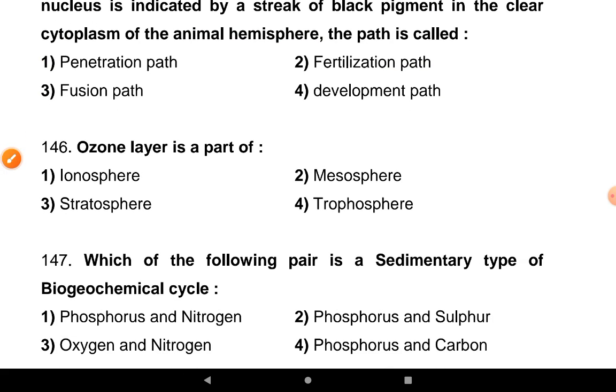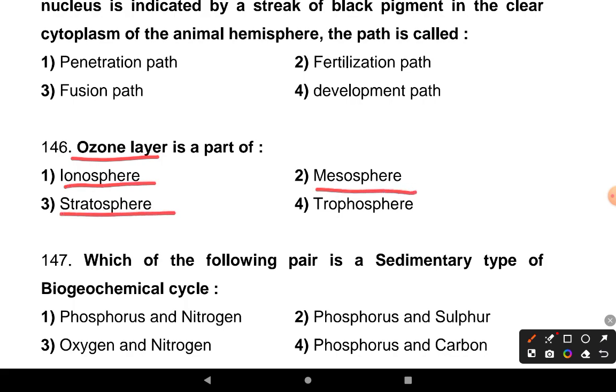Our next question is, ozone layer is part of ionosphere, mesosphere, stratosphere, troposphere. So the correct answer is, it is part of stratosphere. So option 3 is correct.